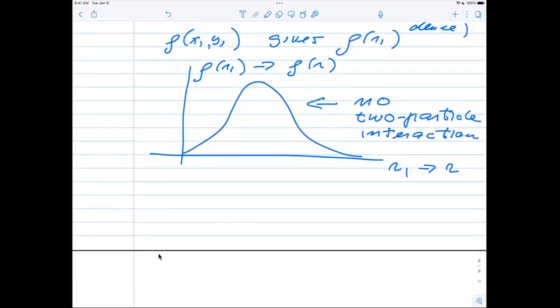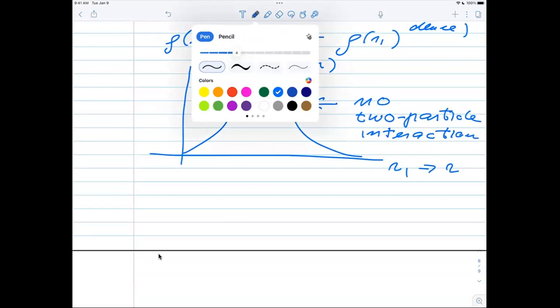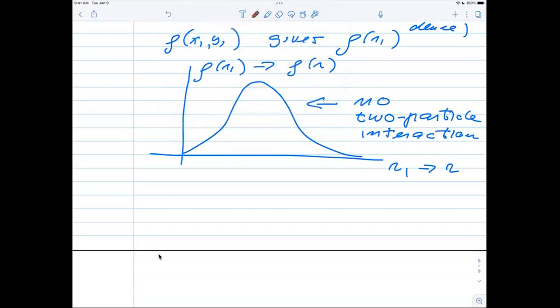Then what I can do next is to add the calculations I have with an interaction. So I could think now of a repulsive interaction. Then perhaps my results are going to look like this. I may get something which goes like that, for instance, because this is now repulsive, and that means that the particles get pushed out, pushed out from the origin.